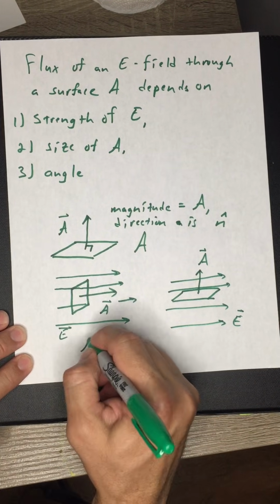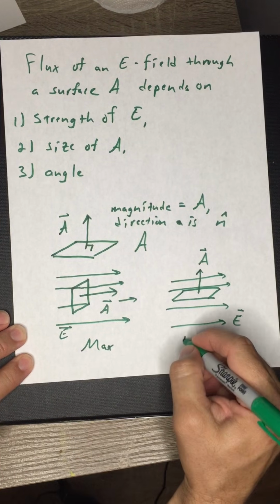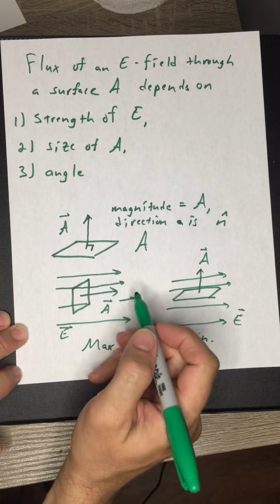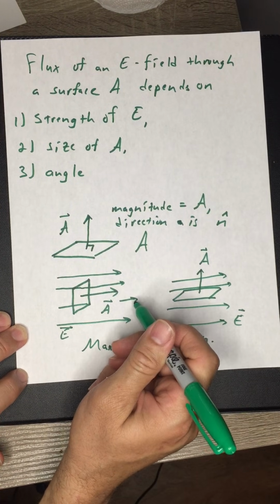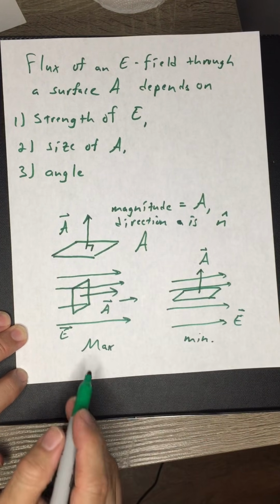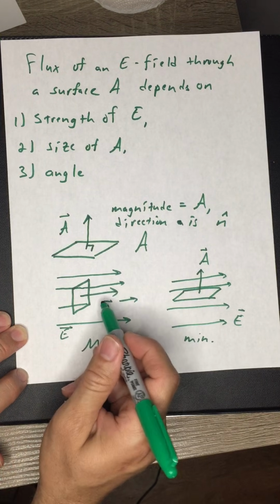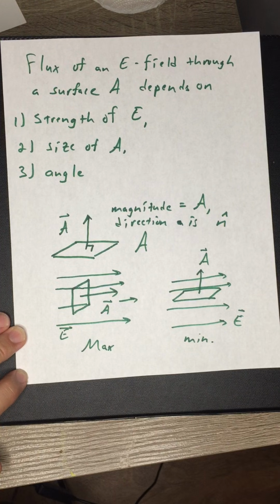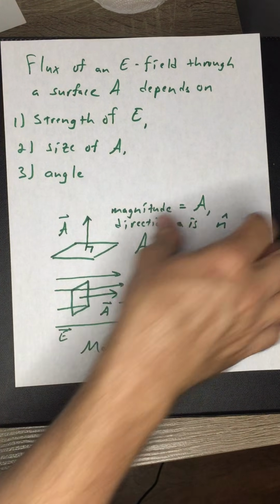So I need it to be maximized here. I need it to be minimized here. In other words, if I look at the angle between the area vector and the E field, I need this quantity to be maximized when that angle is 0. I need it to be minimized when that angle is 90 degrees. And the cosine function handles that brilliantly.